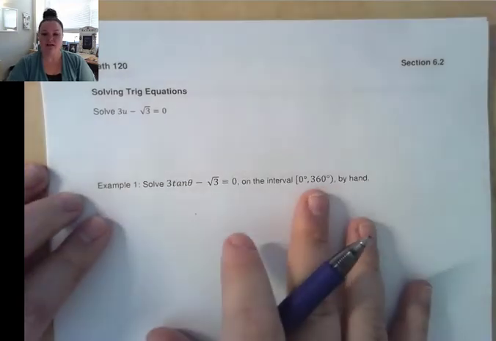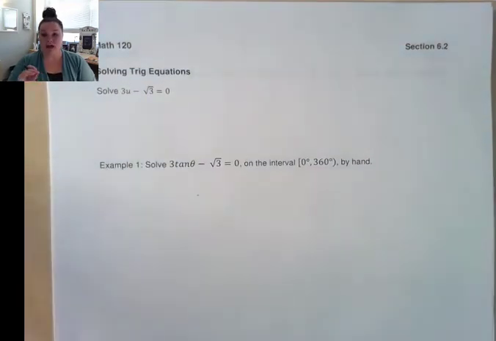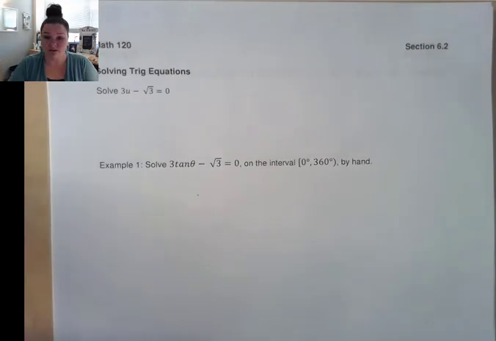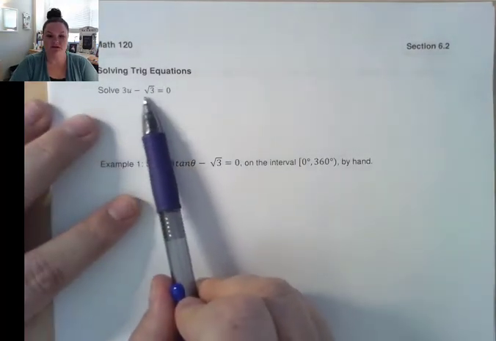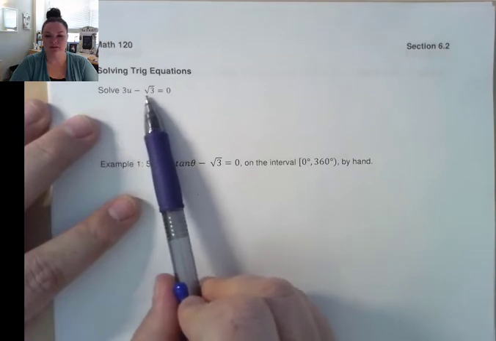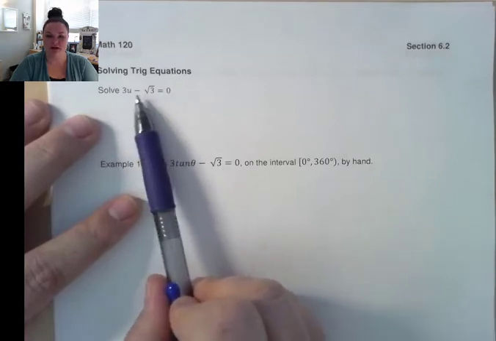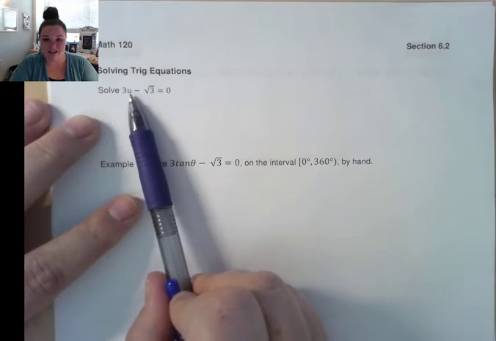So for each of these, I'm going to show you algebraically a little refresher on how we solve for these so that we can apply that to our actual trig functions, okay? So if I asked you to solve something like this, 3u minus square root of 3 equals 0, what I'm asking you to do is to isolate the u, right?